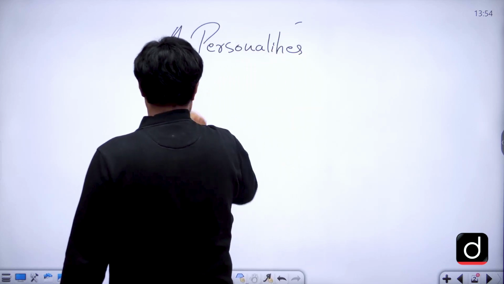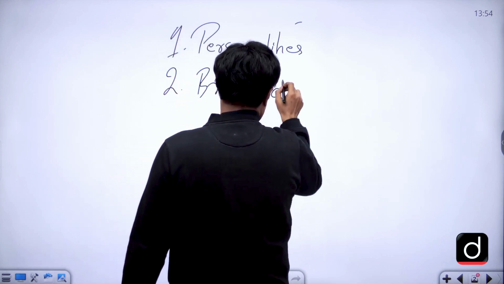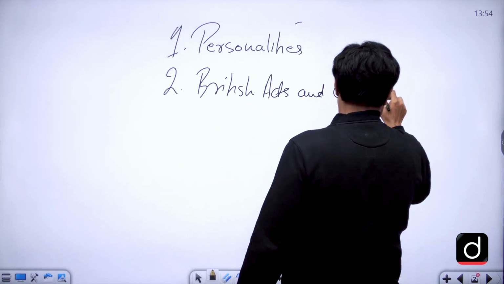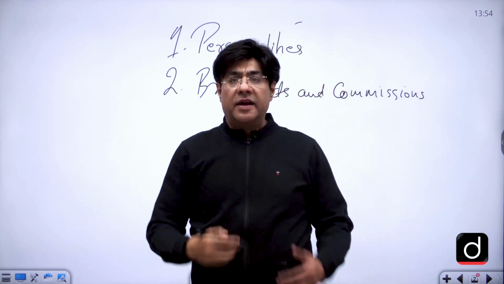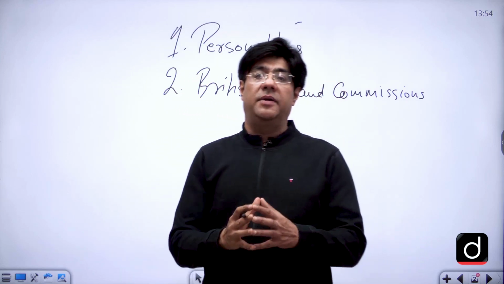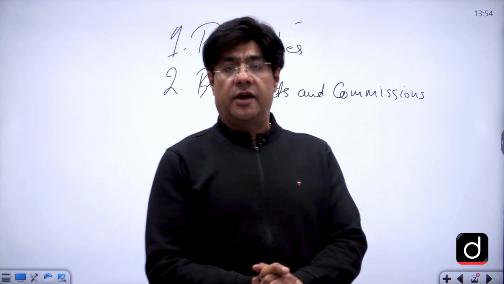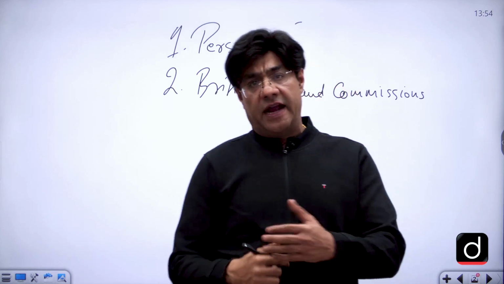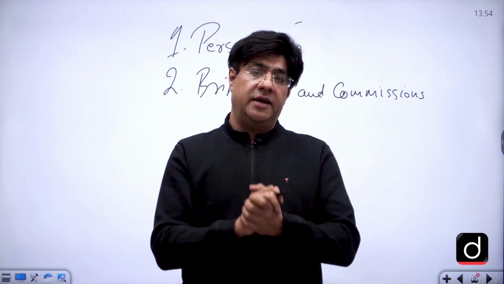The second theme is British acts and commissions. During the time of the British rule, various acts were passed in the British Parliament. Like for example, the Morley-Minto Reform that we call the Act of 1909, the Montagu-Chelmsford Reform that we call the Act of 1919. Similarly, there is the Act of 1935. So very often questions have come from here.